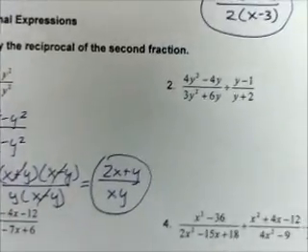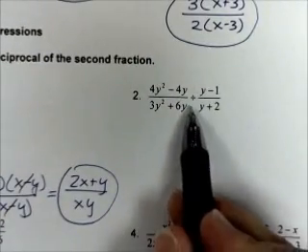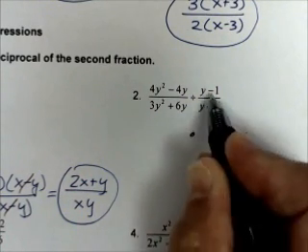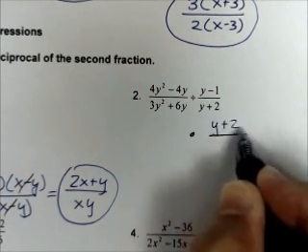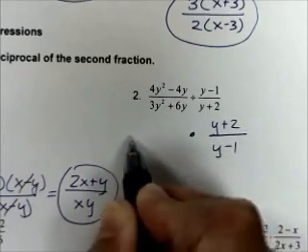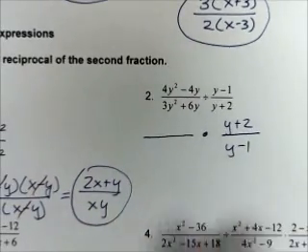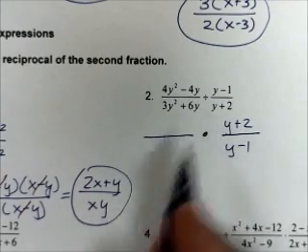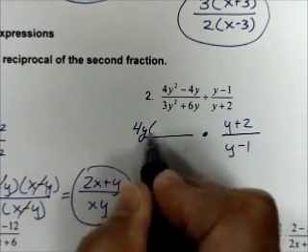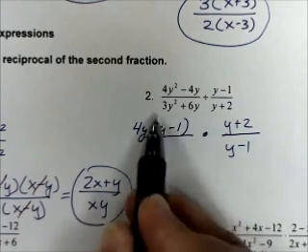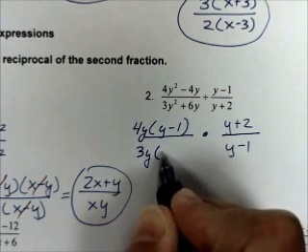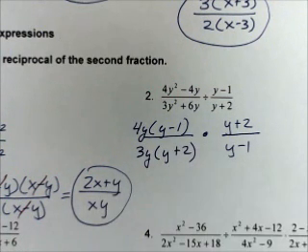Next, number 2, and I have division. I'm going to change it to multiplication and write the reciprocal of the fraction that follows. In that same step, this fraction stays as it is. I'm going to factor it: GCF of 4y in the numerator, y minus 1, and in the denominator, a GCF of 3y, y plus 2.